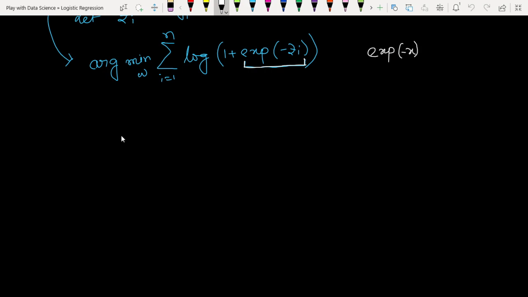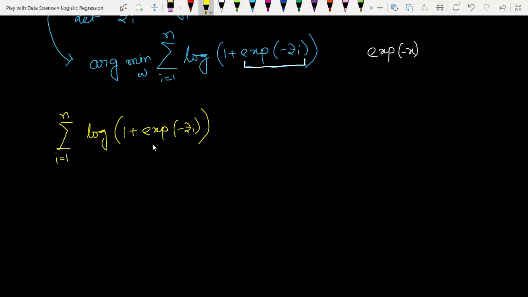So now write down our function. Our function is the summation for i equals 1 to n of log of 1 plus exponential of minus zi. And what is the value of this?